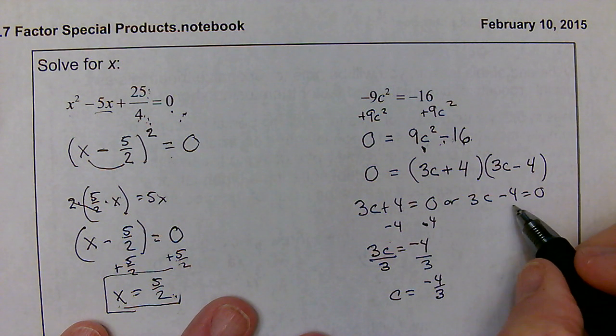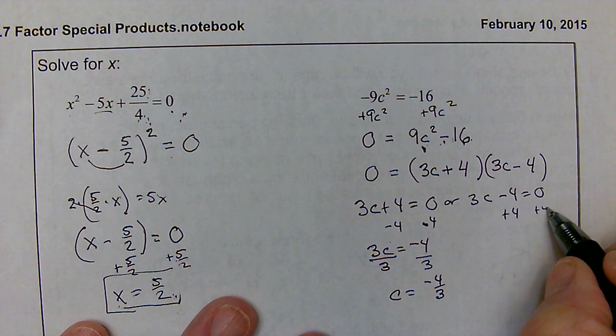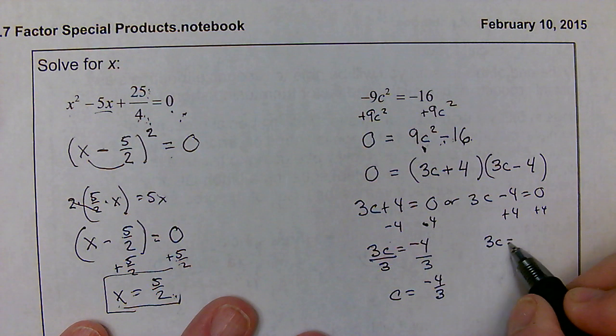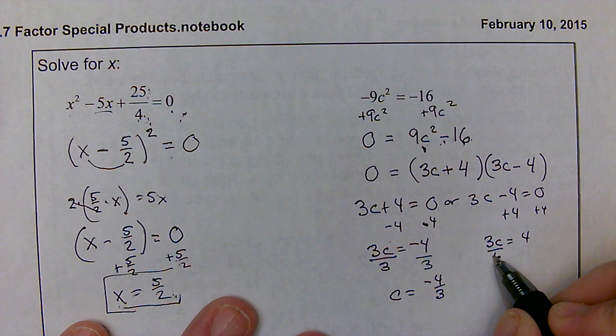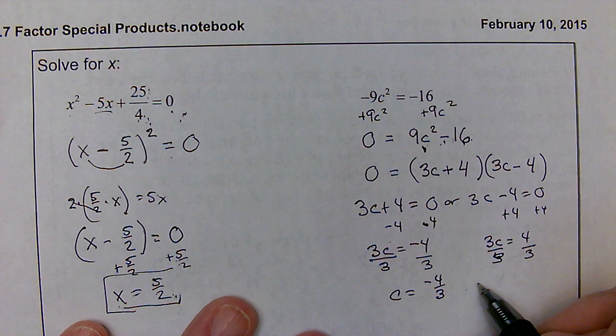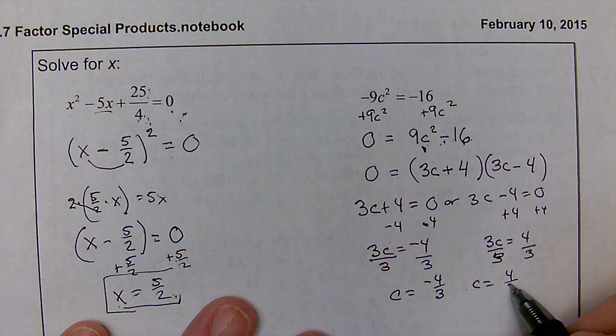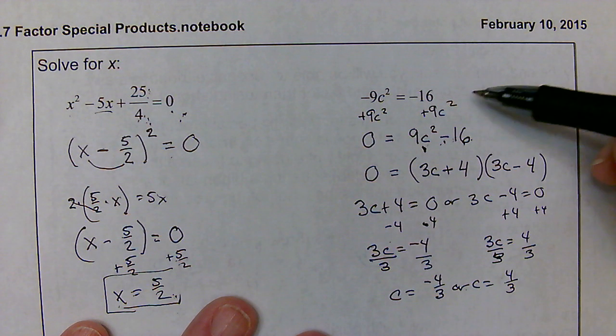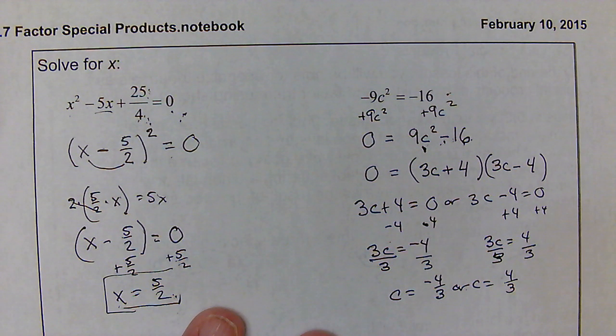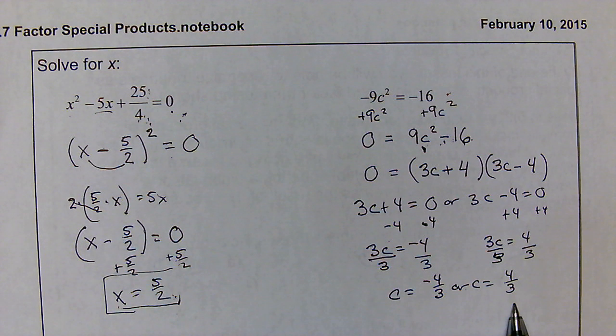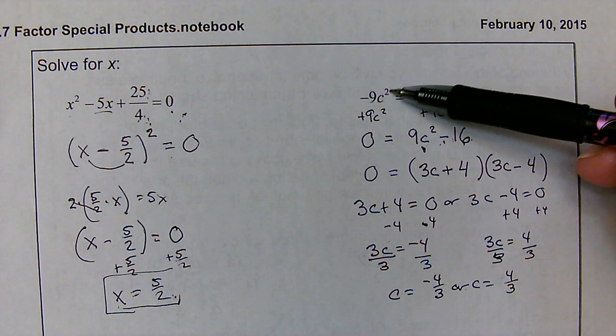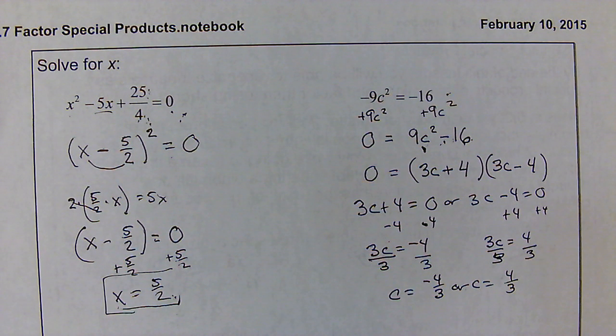In this one, I would add 4, and that gives me 3c equals 4, and then I would divide by 3, and that gives me c equals positive 4/3. So this equation has two solutions, both positive 4/3 and negative 4/3 substituted for c would make that equation true.